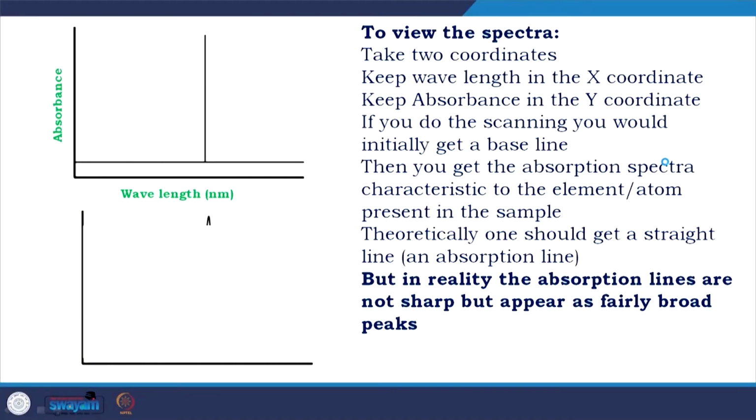So, in theory we should get a straight line and absorption line, but in reality the absorption line could not be that sharp, and I have made the experimental one, and you see that there is a band rather than a line. So, you would not get a theory like straight line, rather you get a band, because there are different experimental consequences which we are going to discuss.